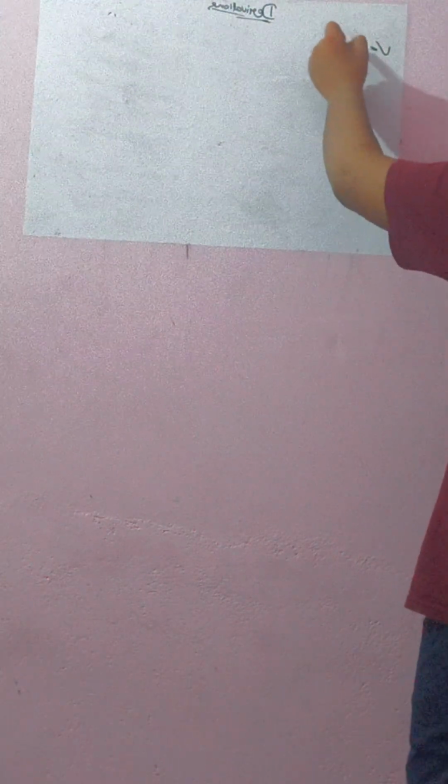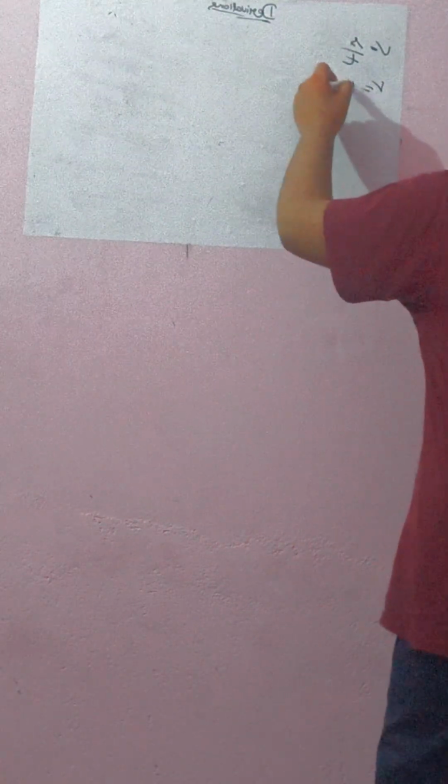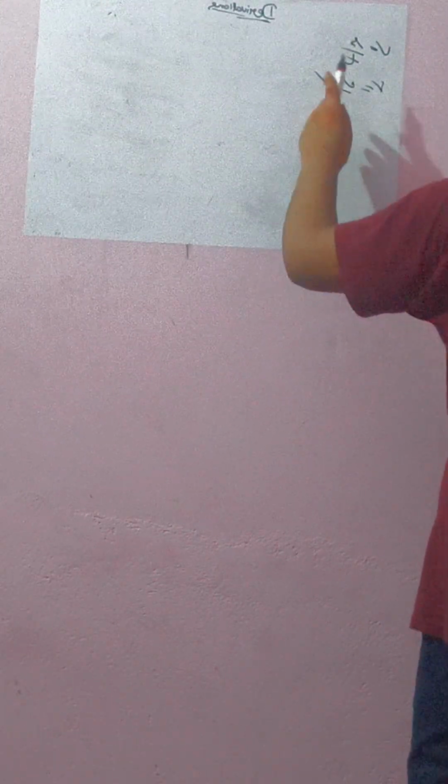Firstly, there is nothing new. We write v equals s upon t as in the previous derivation, and v equals u plus v upon 2.